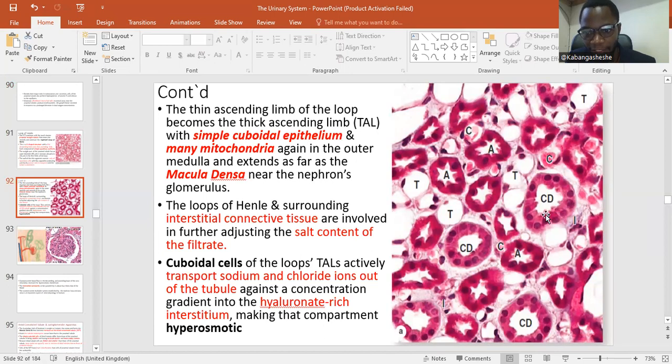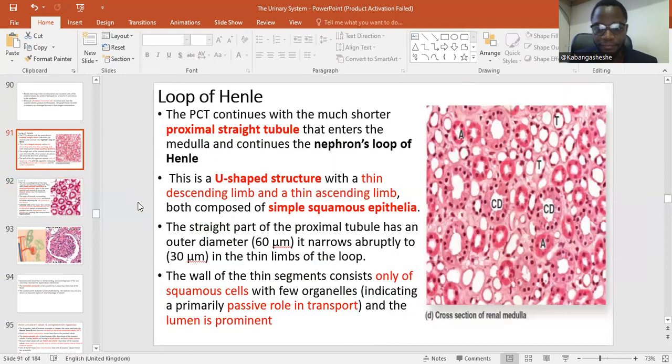Similar to the collecting duct, except that here the lumen is quite smaller, and you see that fuzziness. Those are microvilli. But this one is devoid of microvilli, and therefore the lumen is wide and quite extensive compared to those other parts. Okay, again, collecting duct, ascending thick limb, collecting duct, clear lumen, like that.